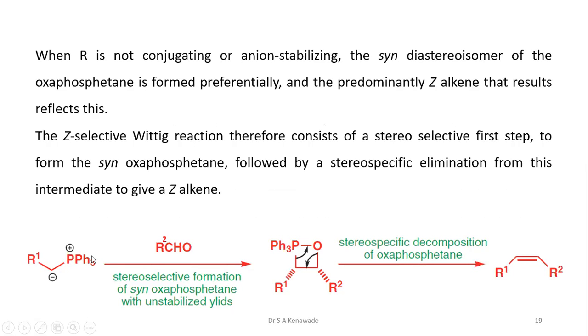These two groups, because here there is no oxygen atom, that is no electronegative atom, cannot repel with this aldehydic oxygen group. Hence, these two groups come in the same direction, so that after rearrangement they produce the alkene having the same geometry.